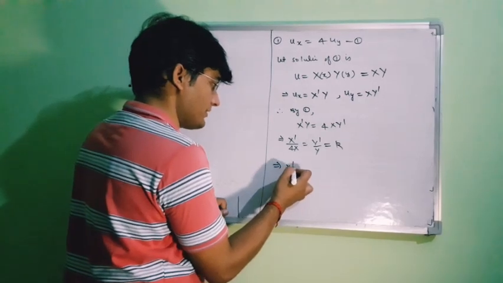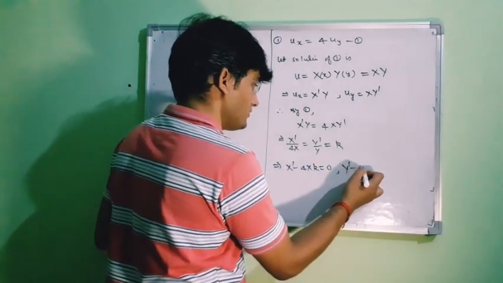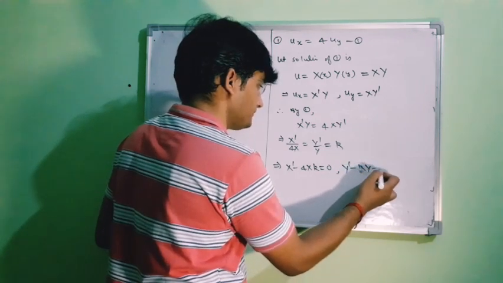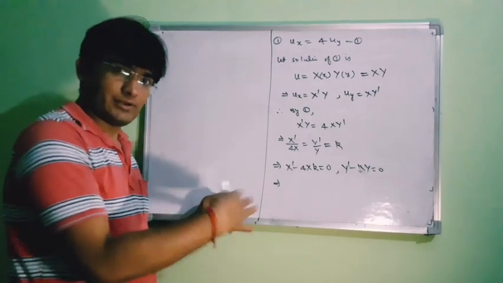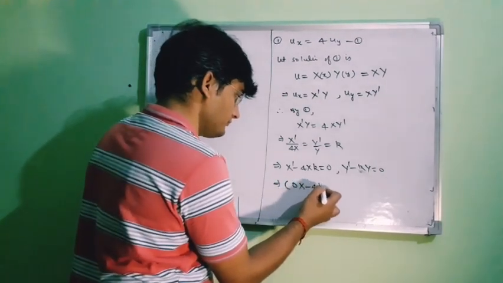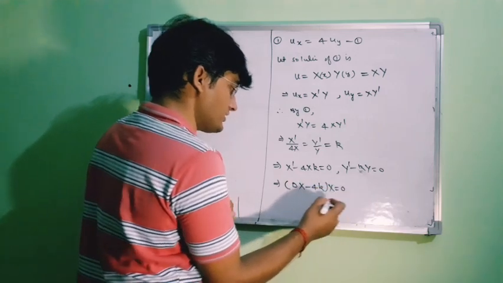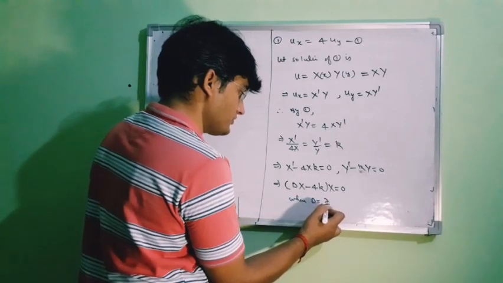So from here we will have X dash minus 4kX equal to 0 and Y dash minus kY equal to 0. Now X dash can be written as the derivative of capital X with respect to small x, say this is DX, where D stands for the partial differentiation with respect to x.